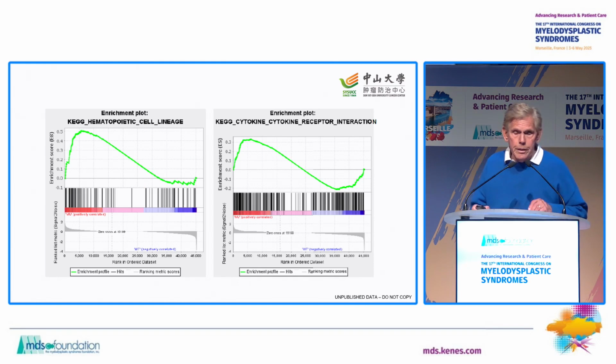And when we do KEGG biological ontology analysis of those 621 genes, you can see that the two things that pop up most dramatically are hematopoietic cell lineage-related genes and cytokine receptor interaction-related genes.